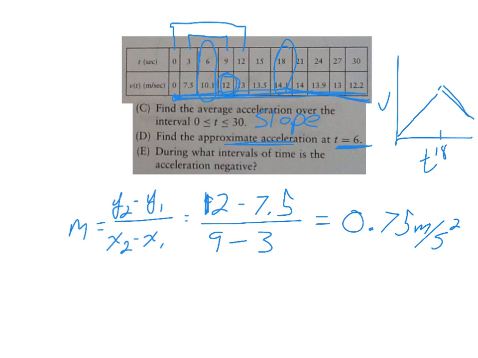Our velocities are coming down after 18 seconds. So when do we have negative acceleration? Well, it looks like negative acceleration is after 18 to 30. So that looks like our interval of time. And we're done with this question.